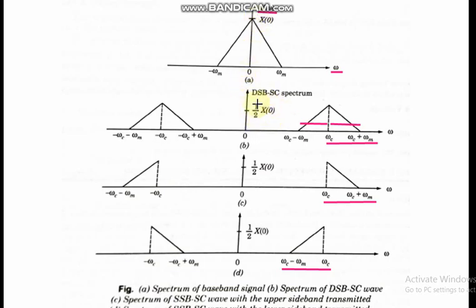So this half X0 came from the mathematical calculation, and here it has been shown that at the carrier frequency, the magnitude of the power spectrum is maximum and equal to half X0. Okay, let us move to the next slide.